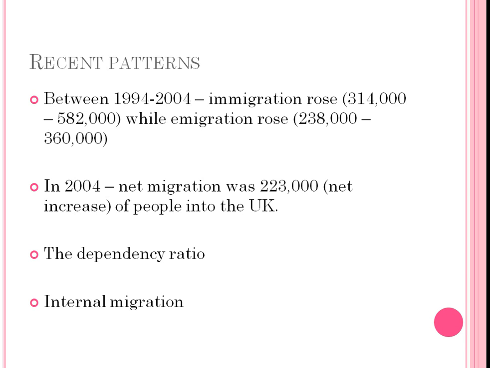Now, the key reason for this is the expansion of the European Union in 2004, which included 10 new member states, mostly in Eastern Europe, giving the citizens the right to live and work in the UK. What is significant in how this impacts families is that they are more generally likely to be young, they're more likely to be males than females, and the main reasons is that they're coming here to study or work.